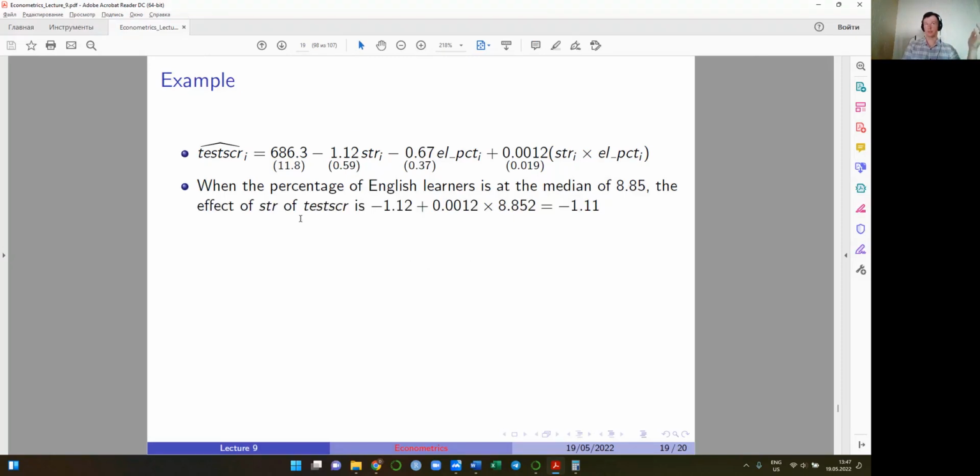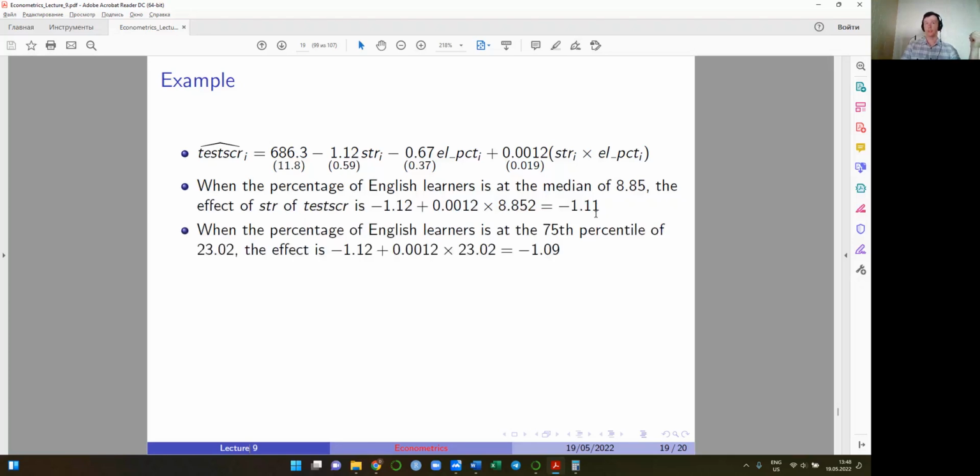So when we reduce the class size, the test score will be improving by 111. If you take a district with the 75th percentile, which is 23.02, this value, the effect is going to be slightly smaller, which basically contradicts the previous finding, right? When we used the binary variable instead of ELPCT.